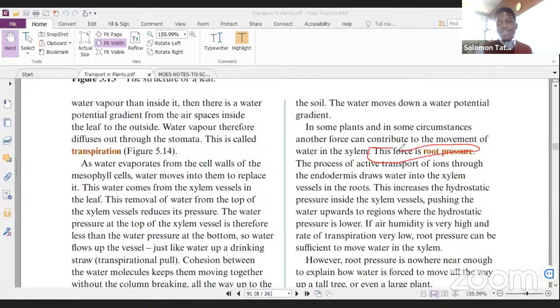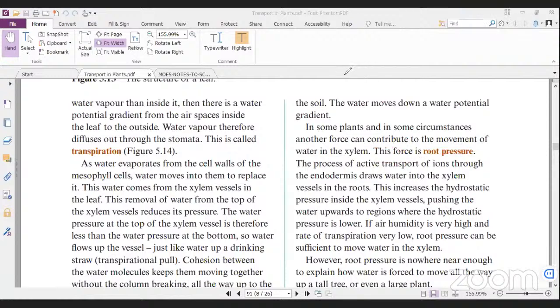Right there, root pressure. Anyone? So when you look at the, yes, please go ahead.